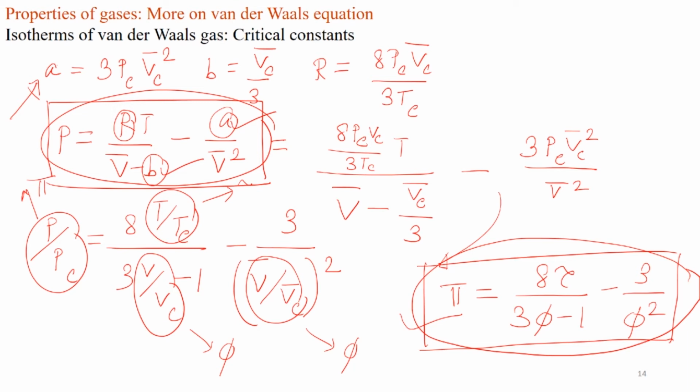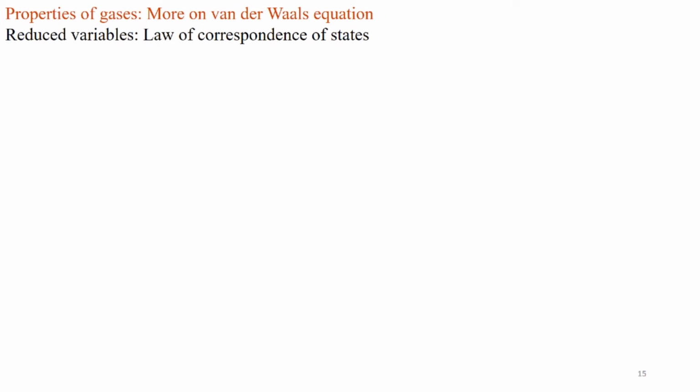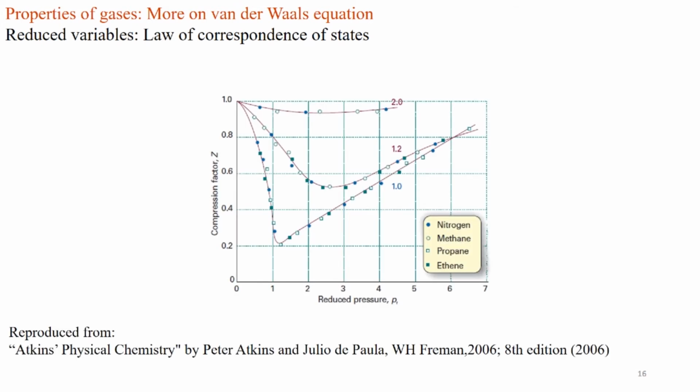Which means that if we do an experiment and plot, say, the compressibility factor as a function of not the pressure but the reduced pressure using this reduced equation of state, we should get a similar curve for all the gases. To convince you of this fact, here I show you the plots for compressibility factor as a function of reduced pressure, which we denoted as pi.